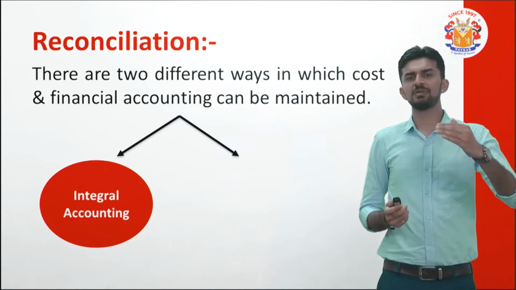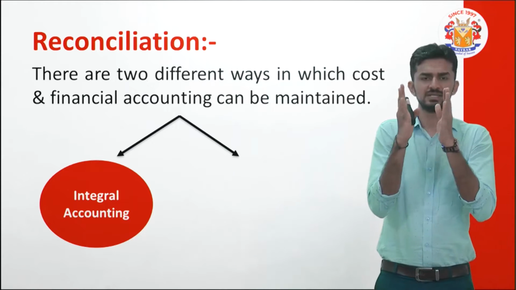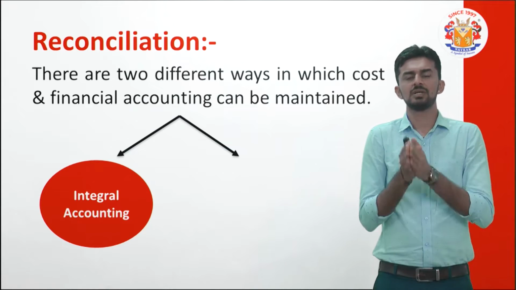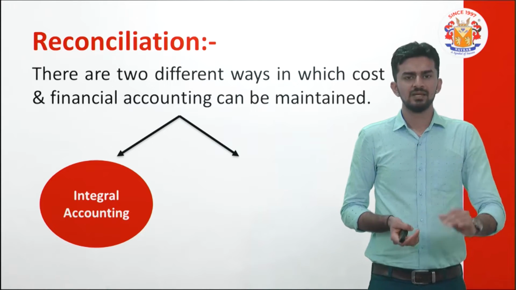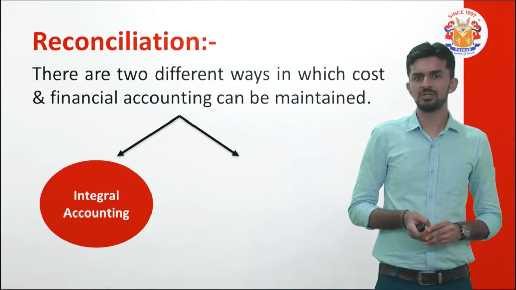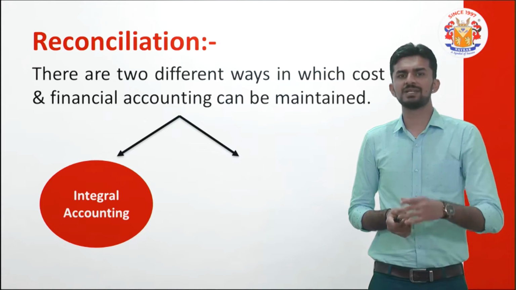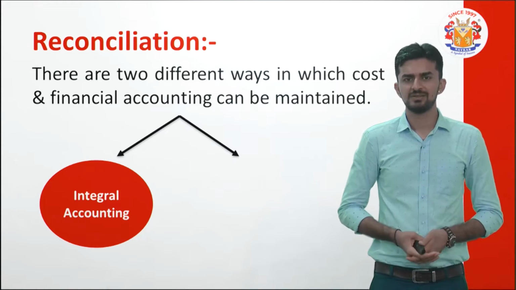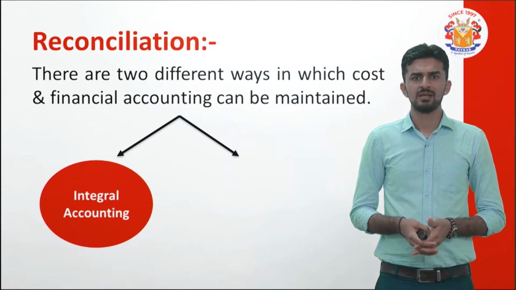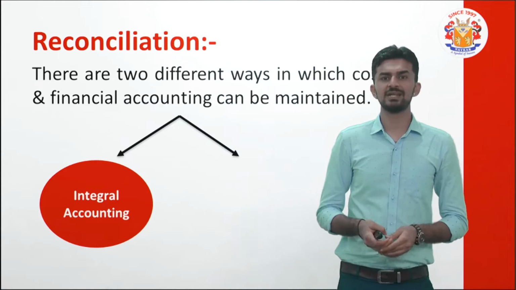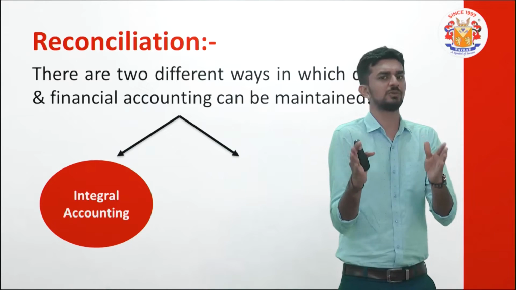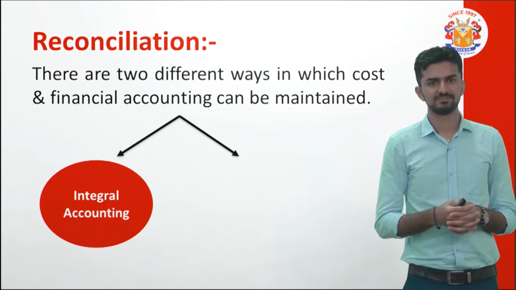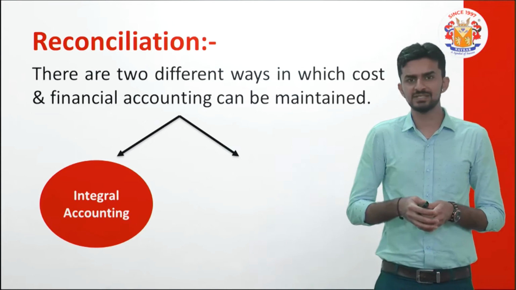So integral can be defined as cost and finance are merged, they are integrated, only one book of account is maintained, and it goes without saying, if only one book of account is being maintained, there is only one profit that is being derived. And if there is only one profit in your company, how can you reconcile? Because when you want to reconcile, there has to be at least two things, or to put it more precisely, there have to be two different things, which is not going to happen in the integral accounting system.